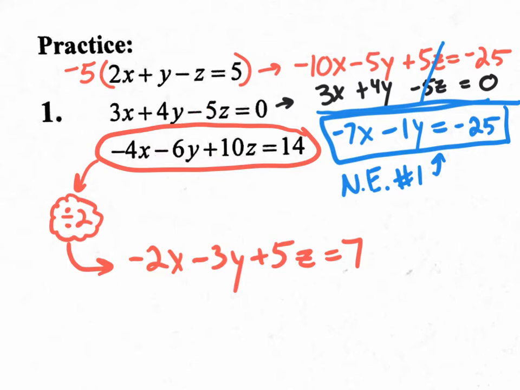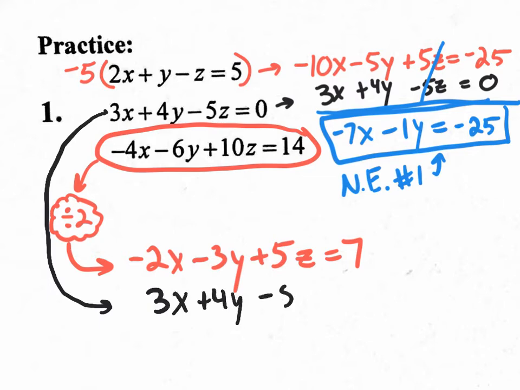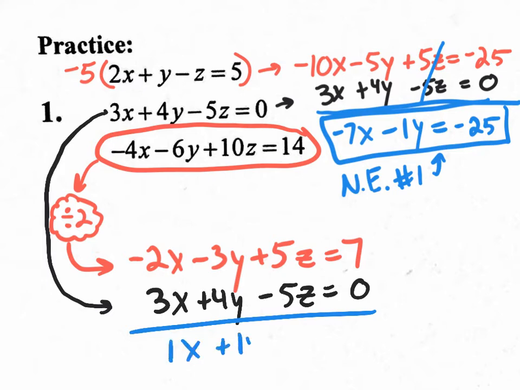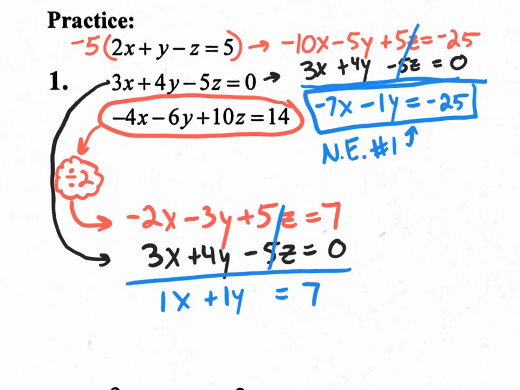So let's rewrite that middle one without doing anything to it: 3x plus 4y minus 5z equals 0. And we are going to combine the lines. We get a 1x, we get a 1y, we get no z's, they cancel out, and we get 7. And ladies and gentlemen, we have done step number 2.